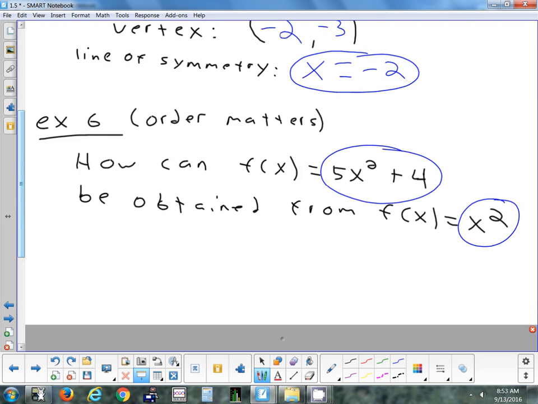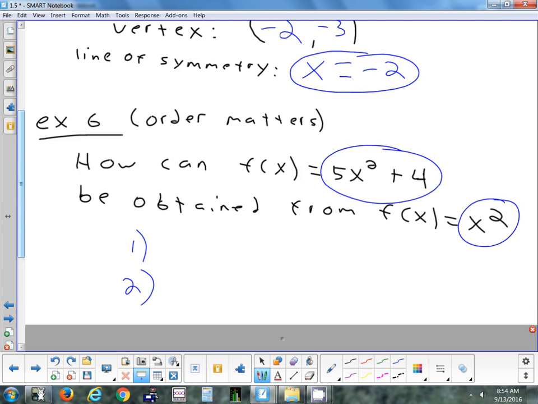Any questions on that? All right. Let's try this one. Okay, so they want me to describe the transformations again and find the line of symmetry. Remember, what's the only thing that affects line of symmetry?